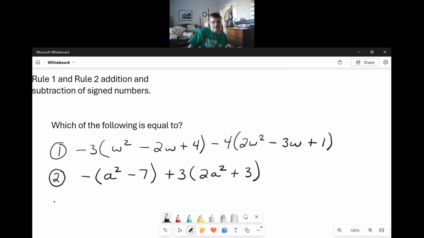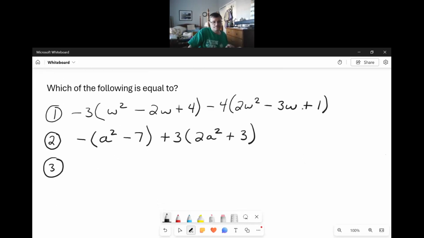And number 3 is going to be negative 4. Let's see, what letter we want to use now. Let's use c to the third power, Mr. C, for me, plus 5c. Close that.